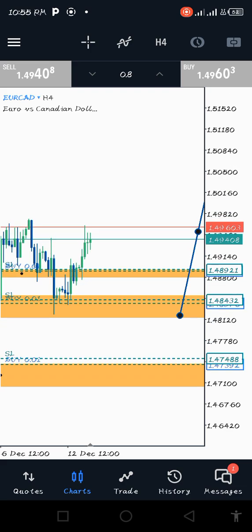That's what we can see lately on those pairs that we have already analyzed.